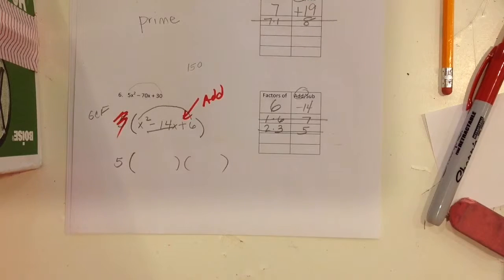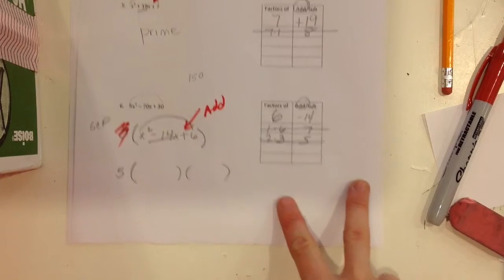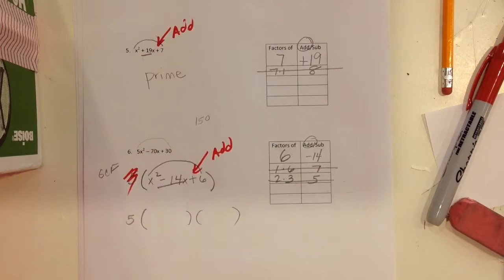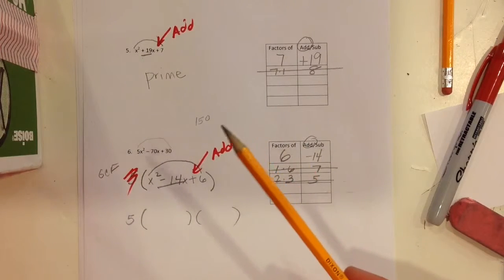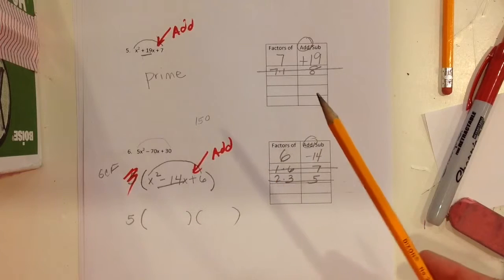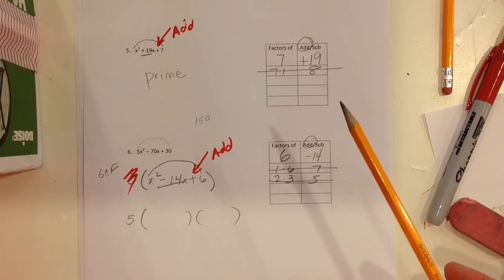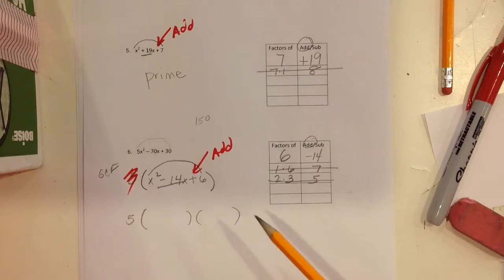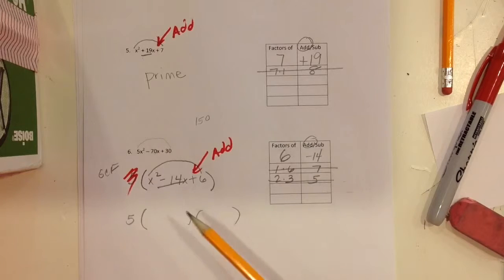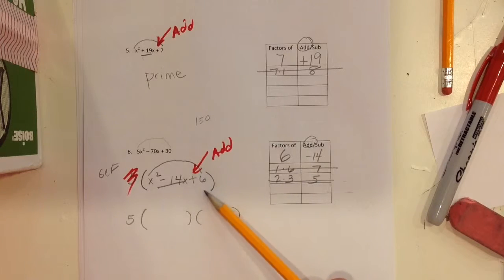Now, I want to remind you of our last example that we just had. That example was prime because I couldn't find any factors of 7 that add to give me 19. And this one, I was able to take out a GCF, but I couldn't do the bottoms up with the trinomial that was left in the parentheses.